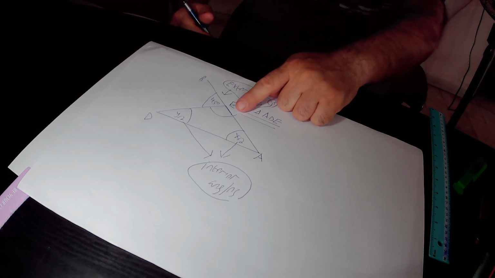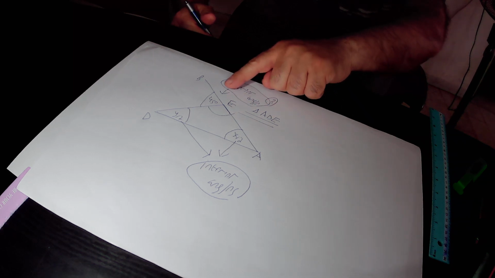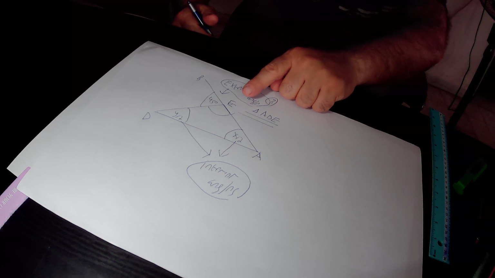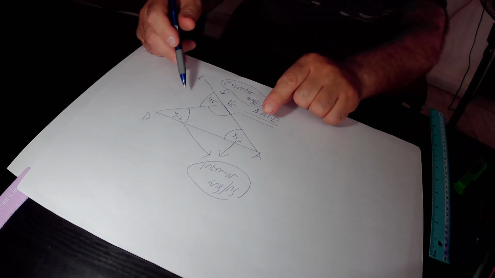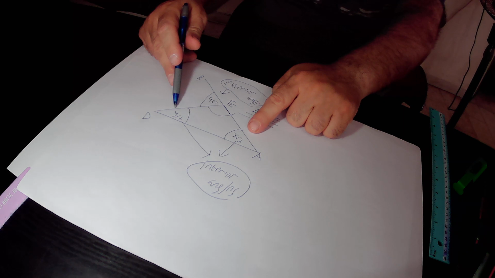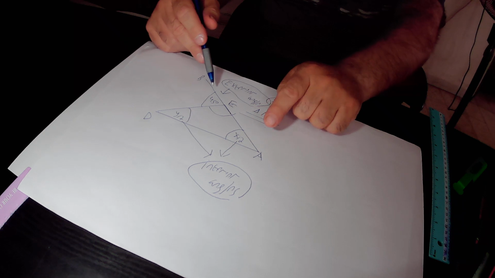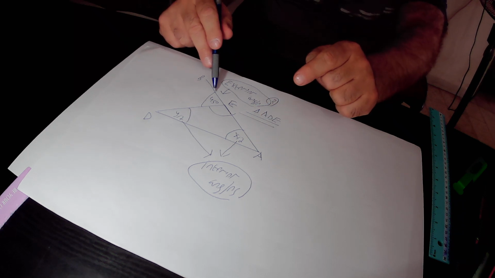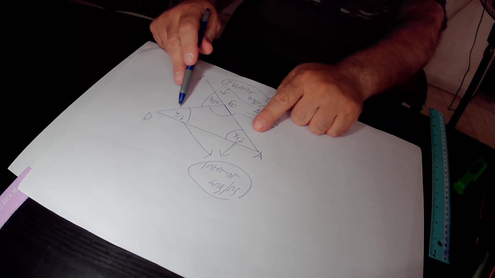Angle DEA is adjacent to angle BED. The two other angles that are not adjacent to it are x over 2 and y over 2, and their sum is x over 2 plus y over 2. Therefore, the size of angle BED is x over 2 plus y over 2.